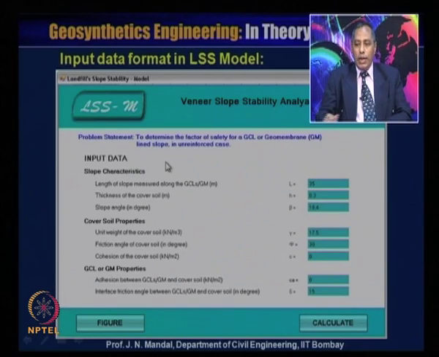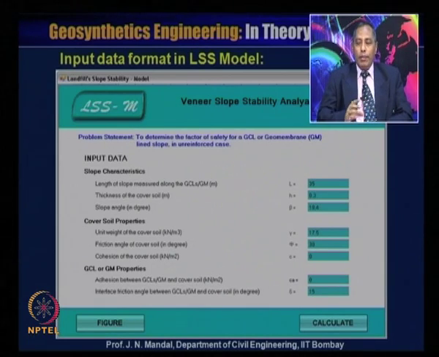That means the length of the slope measured along the geosynthetic clay liner or geomembrane, that is L is equal to 35 meter, and thickness of the cover soil small h is equal to 0.3 meter, and slope angle, that is beta, is equal to 18.4.